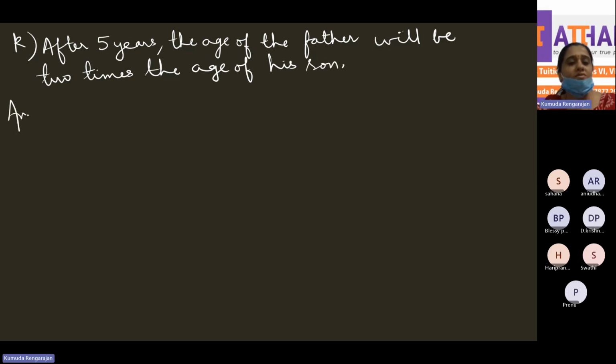And here also, please assume the present ages. Let the present age of the father be X. Let the present age of the son be Y. Okay, we'll start like that.